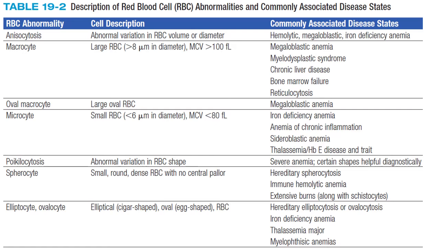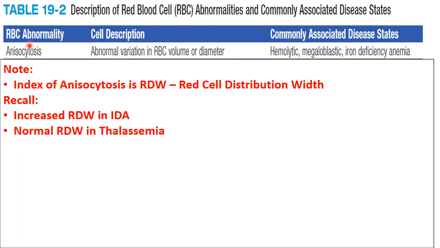with regards to RBCs. Unahin natin si anisocytosis, which mainly means abnormal variation of the RBC size. Okay? Based dun sa RBC indices, pwede mo itong appreciate through the results of your RDW or red cell distribution width.